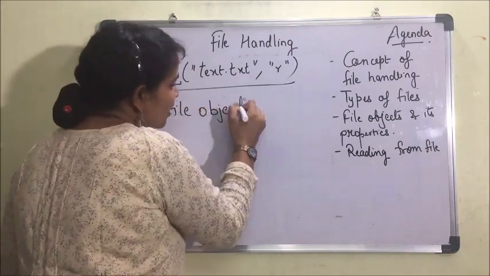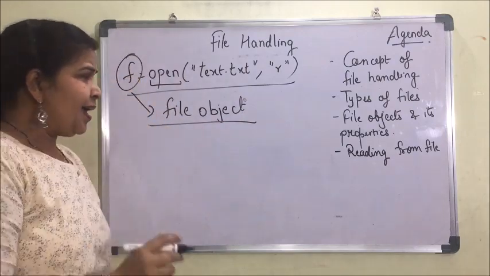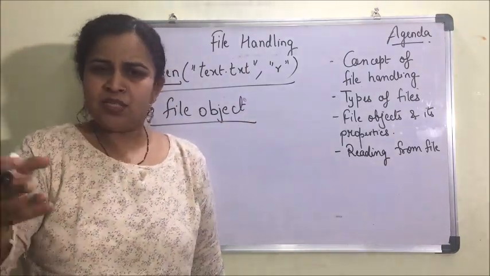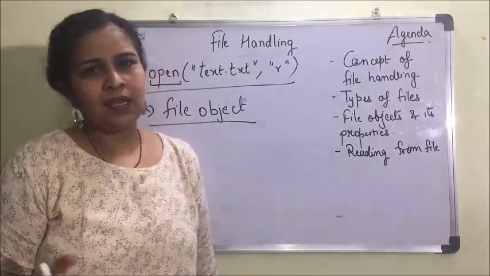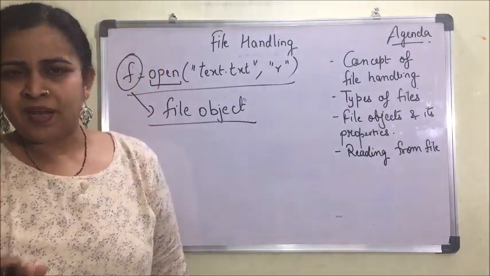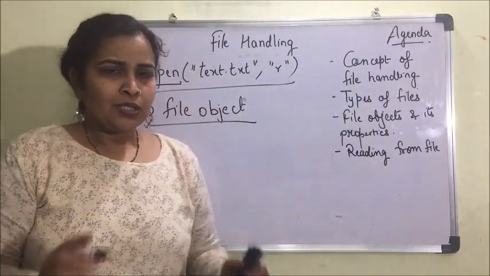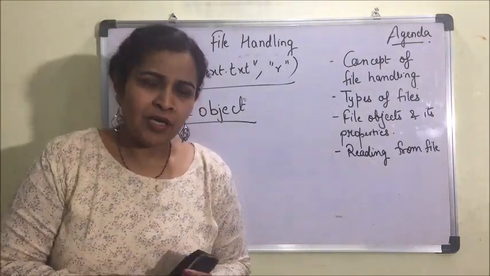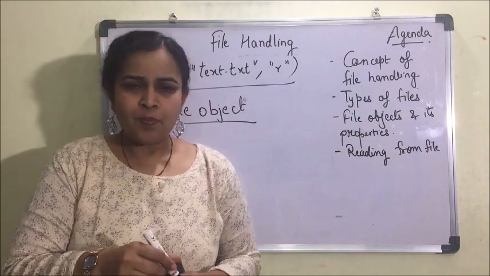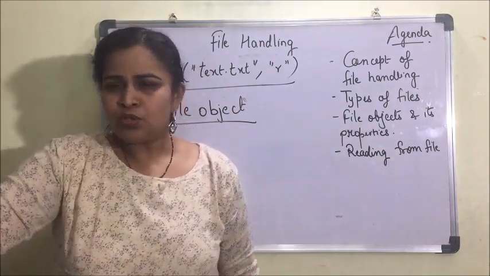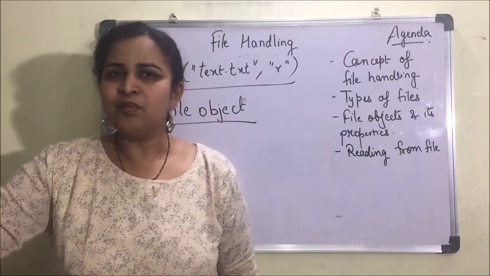Now what is this file object? See, this is the user defined name. It can be F, it can be G, it can be A1, A2, whatever, like an identifier. You are defining an identifier. So it is basically a pointer to the file. Suppose I am reading a notebook, we use a pen to point out the character which I am reading.